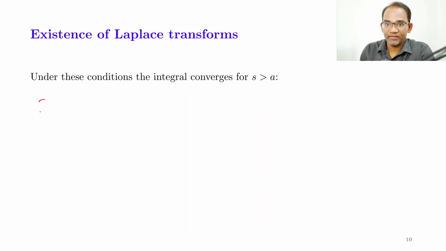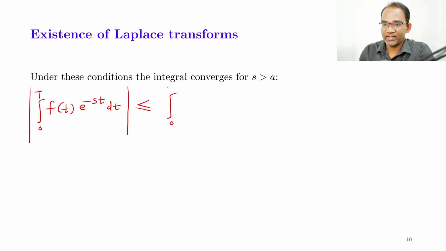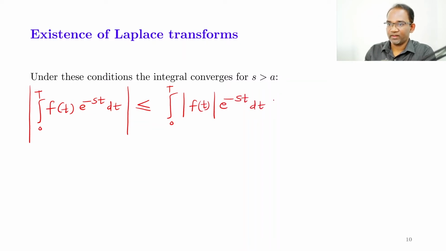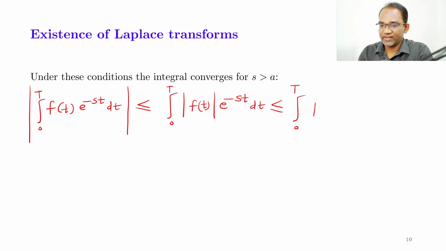That is, if we take the integral from 0 to T of f(t) e^(-st) dt, we take the modulus of this, and this will be less than or equal to the integral from 0 to T of |f(t)| e^(-st) dt, which is less than or equal to the integral from 0 to T of M e^(at) e^(-st) dt.